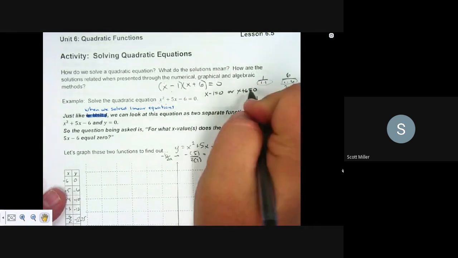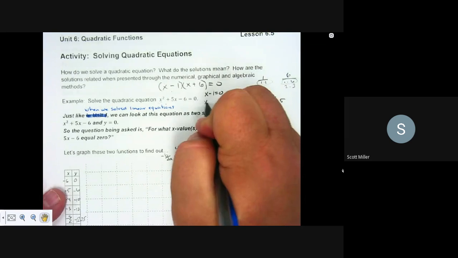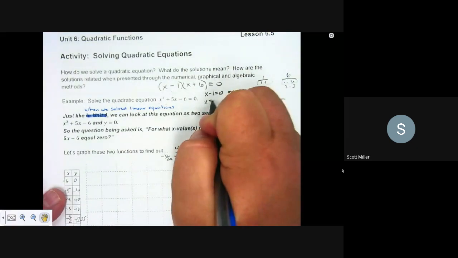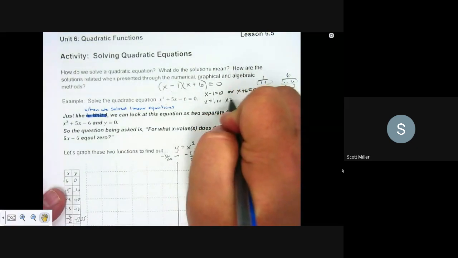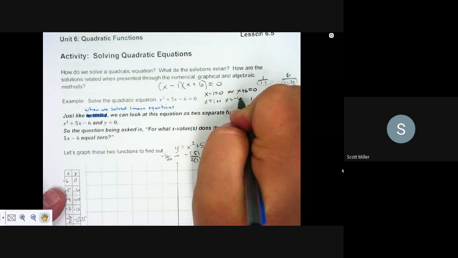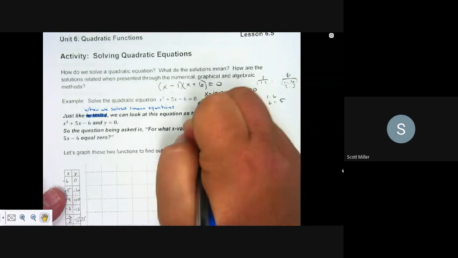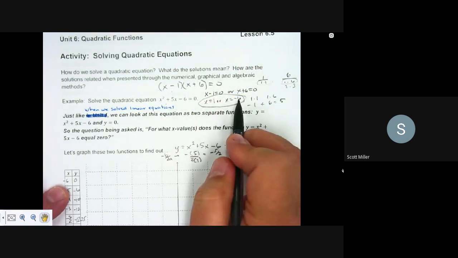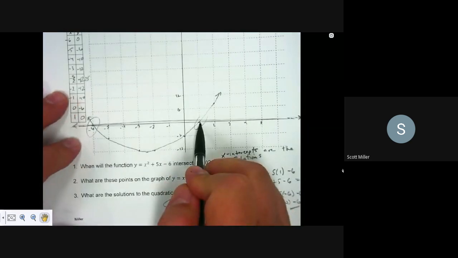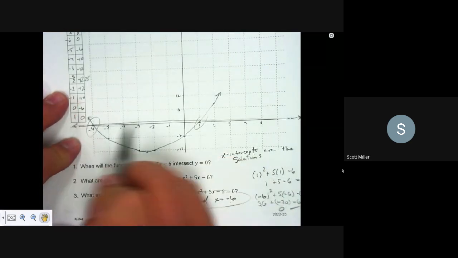And you solve each of these individual linear equations, add 1 to both sides, or subtract 6 from both sides. And you can see right there, x equals -6, x equals 1, 1, -6. There's my two x-intercepts.